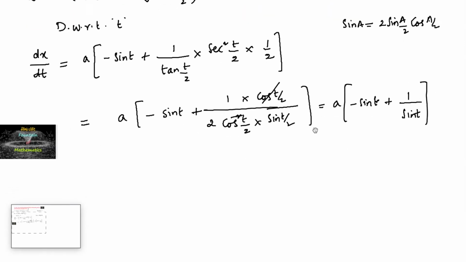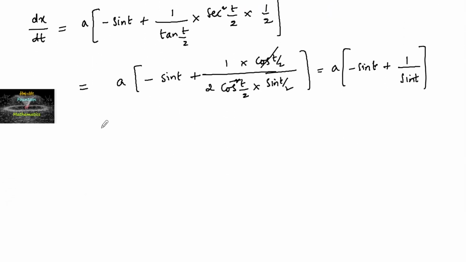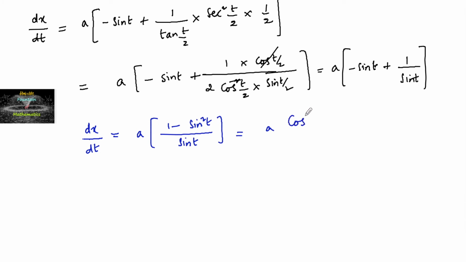So we can also write this as dx by dt is equal to a times of 1 minus sin square t upon sin t. It's a times of minus sin square t plus 1, so we can write 1 minus sin square t upon sin t. So 1 minus sin square t is nothing but cos square t upon sin t.